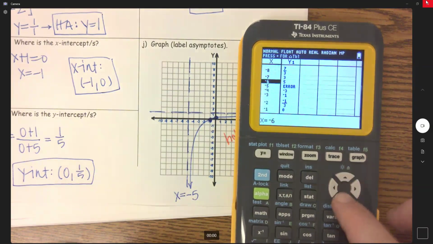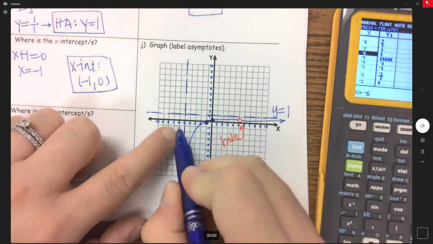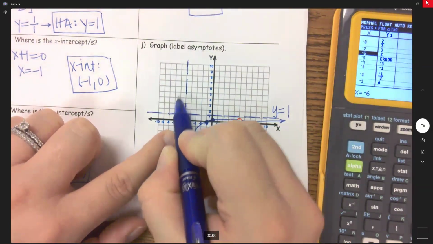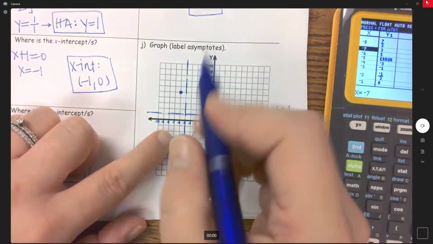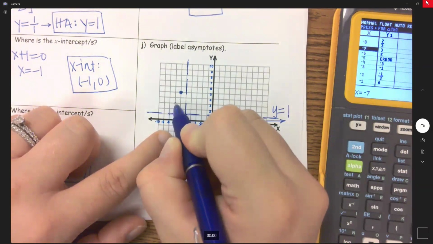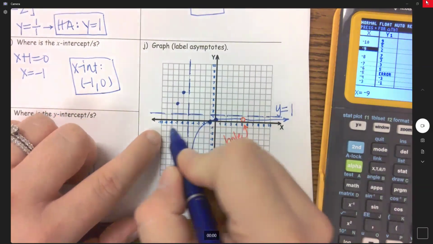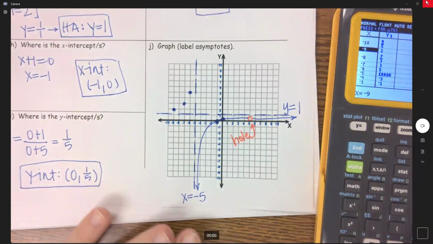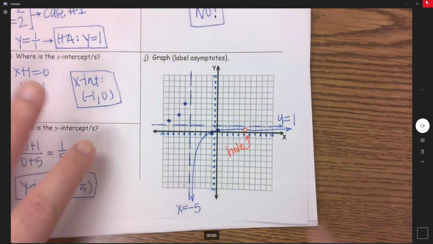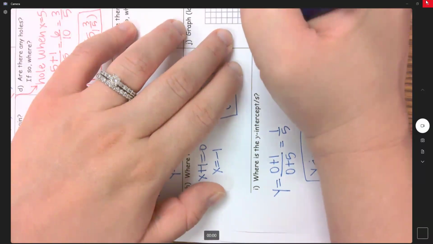So we can plot right here, negative 6, 5. We have negative 7, 3. And negative 9, 2. And so with those extra 3 points, I can draw this pretty accurately, knowing it's going to connect and get closer to those asymptotes.